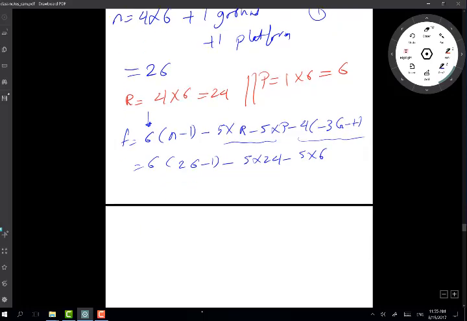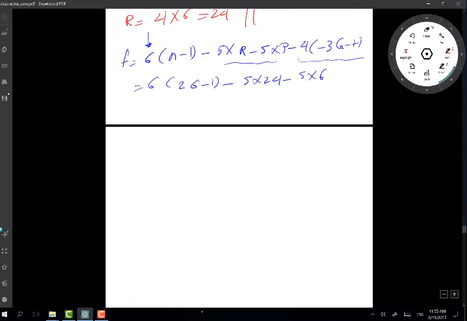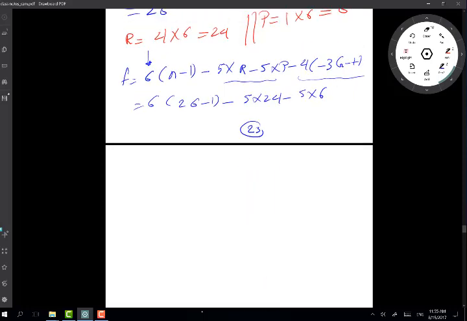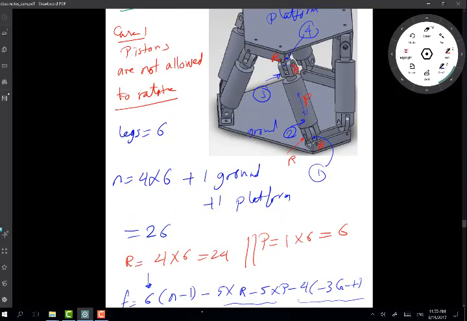So in this case, F is equal to 0. Meaning that if I don't allow the pistons to rotate inside the cylinders, this linkage is not going to move.